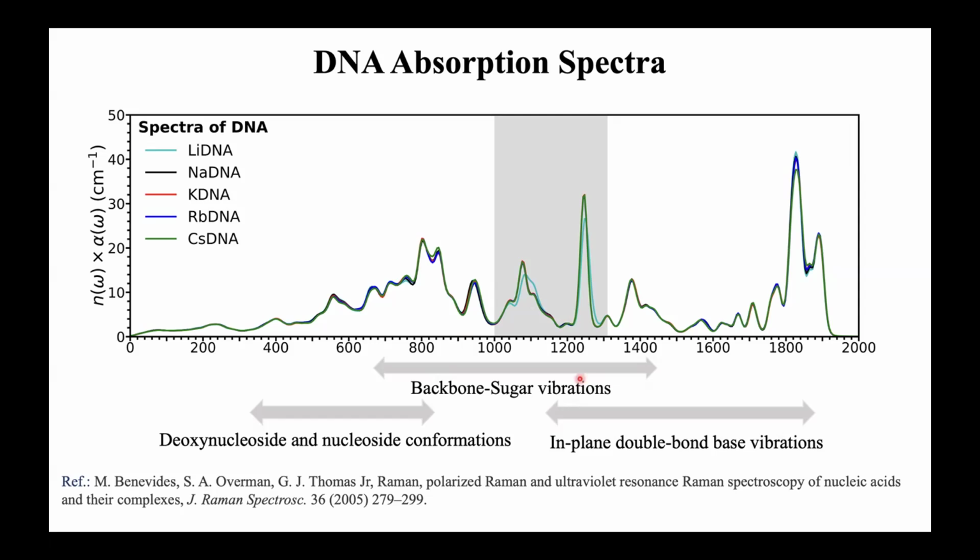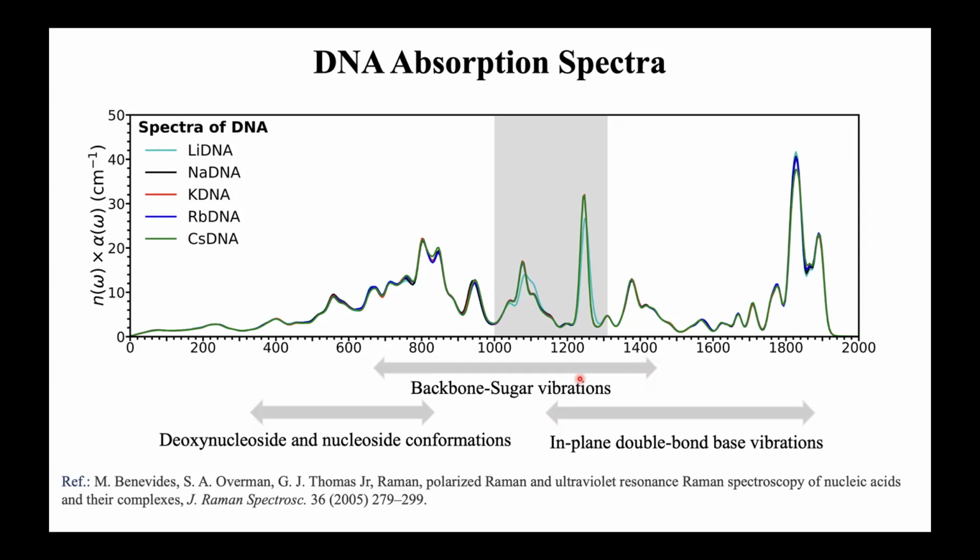We calculated the radial distribution function for the lithium, all the ions in the system, with respect to the phosphate groups of DNA, and our results show a predominant binding of the lithium ions to the oxygen atoms of the phosphate group of DNA compared to the other studied ions.